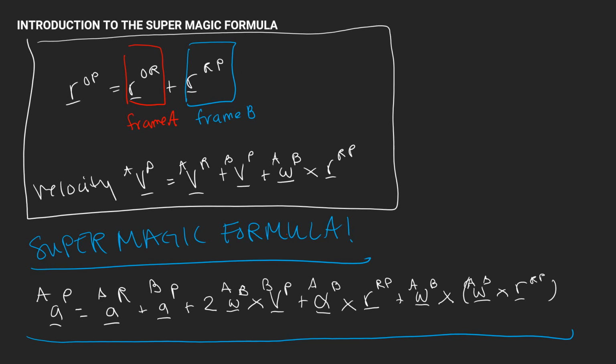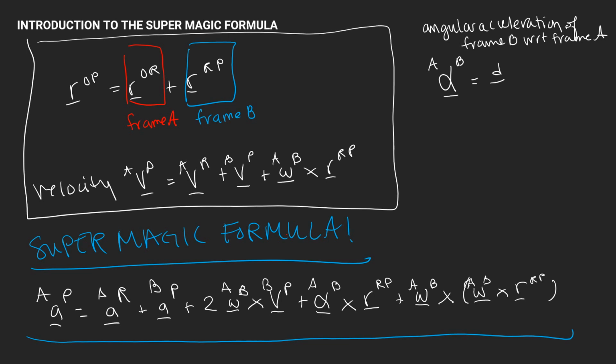And again, for reference, I mentioned that we have this new vector alpha, and that is the angular acceleration of frame B with respect to frame A. So that is the time derivative of our angular velocity of frame B in frame A.